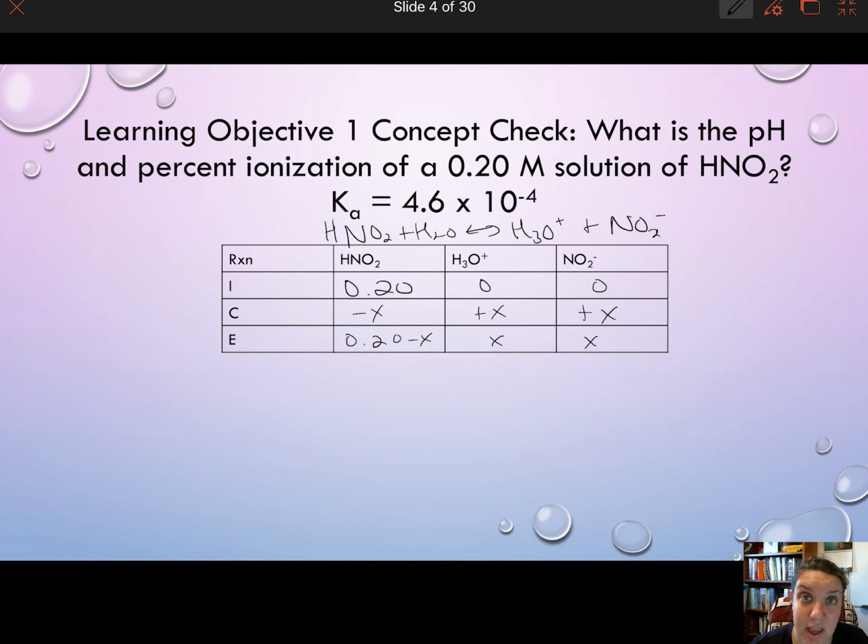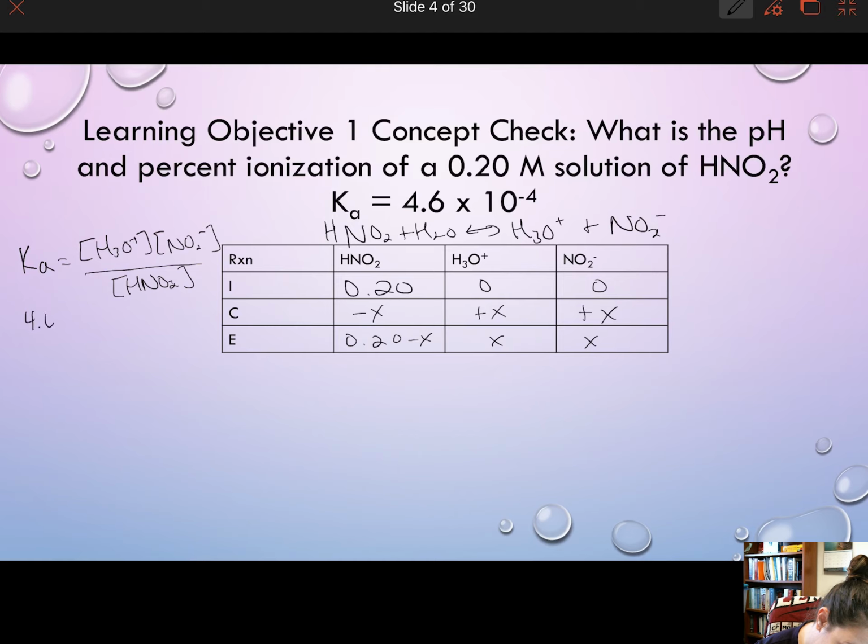We can then put this into our Ka expression, where Ka will be equal to our hydronium concentration times our nitrite concentration divided by our nitrous acid concentration. Okay, so it's 4.6 times 10 to the negative 4 is equal to X squared divided by 0.20 minus X. Multiply both sides by 0.2 minus X and combine.